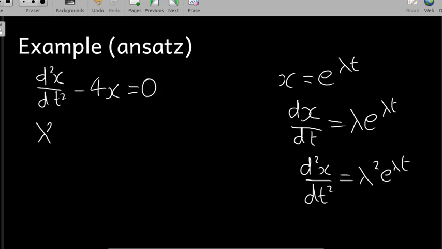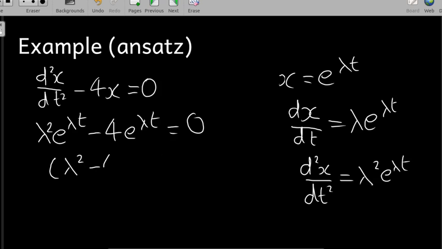So now d2x by dt squared becomes lambda squared e to the lambda t, and x becomes e to the lambda t, equals 0. Now we see that both terms on the left here have a factor of e to the lambda t, so we can factorise this, and we'll get lambda squared minus 4 times e to the lambda t equals 0.